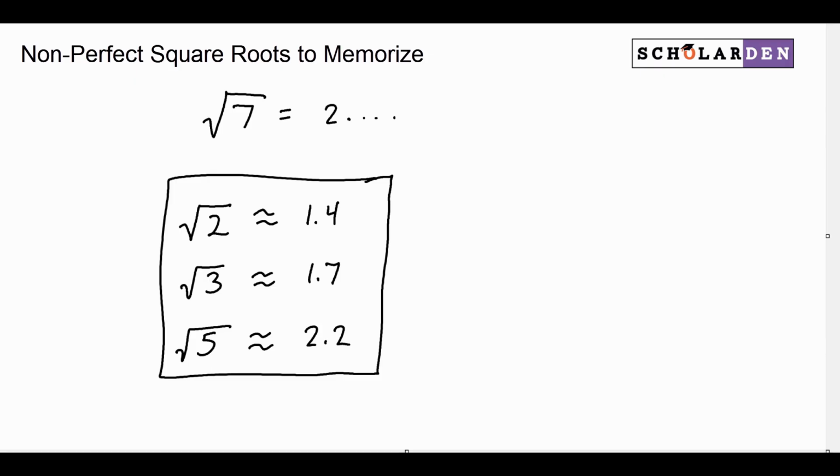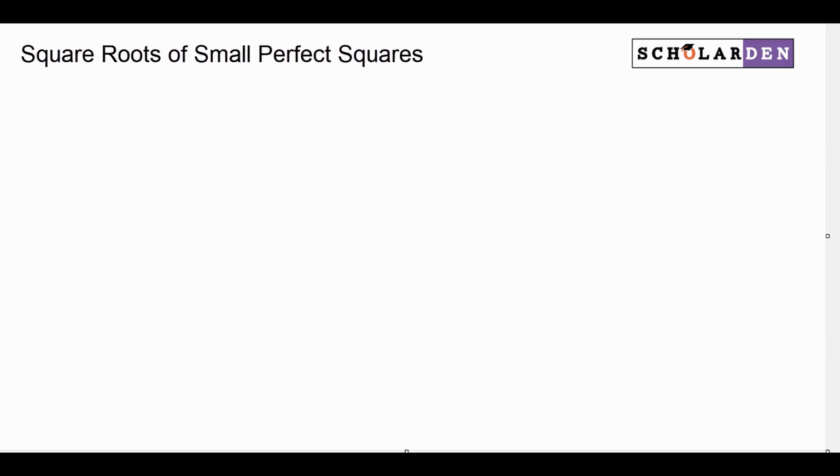All right, now let's talk about some square roots and cube roots of some decimals and larger numbers with zeros after them. What do I mean by that? Well, for example, let's look at square roots of small perfect squares. For example, 0.0009 is a perfect square, so its square root will be a non-repeating decimal.